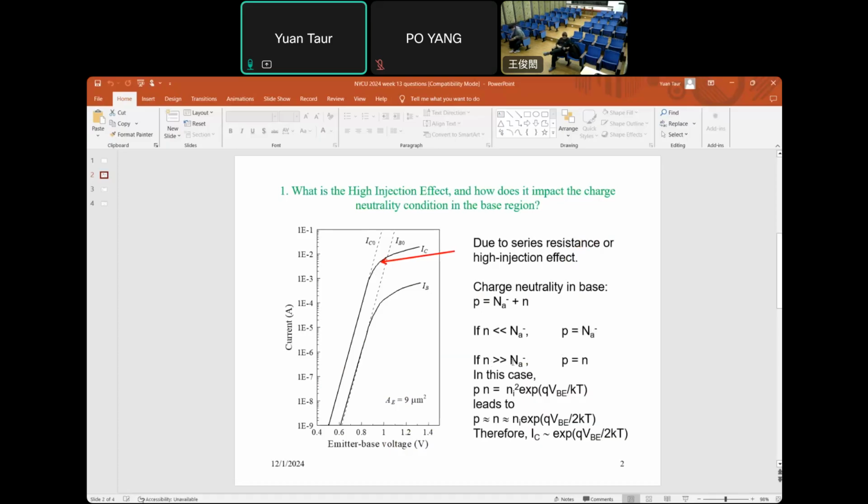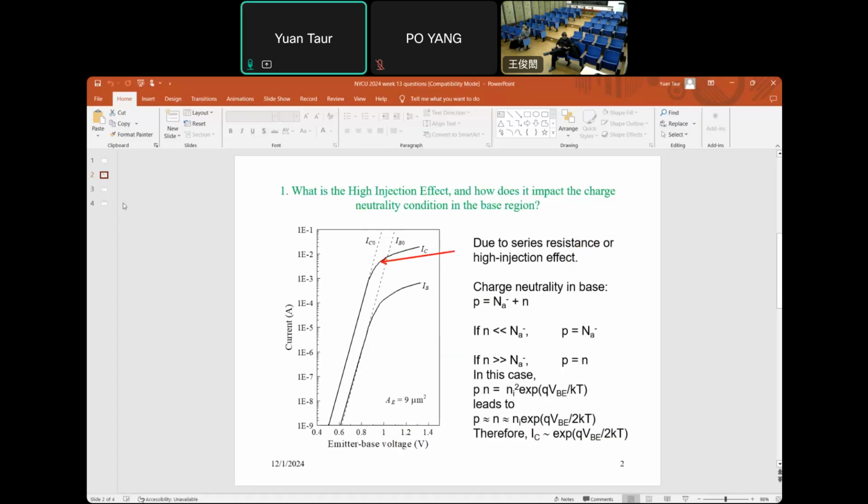But when the electron density is very high, much higher than the doping density, like in this region here, then the hole density has to go up in order to maintain charge neutrality. So in that case, if you apply p equal to n into this expression, the pn product, if they are about the same, then both p and n go proportional to e to the qV over 2kT. Okay, that's why you see the change of slope.